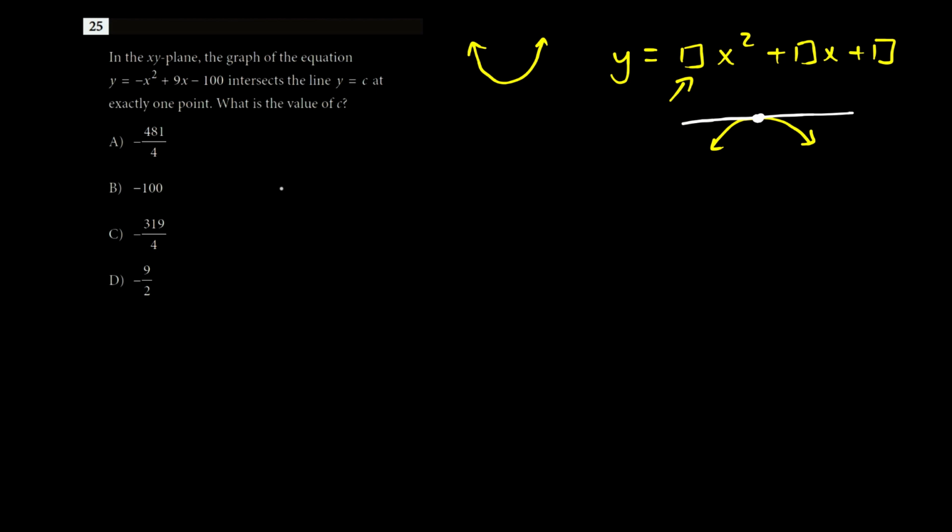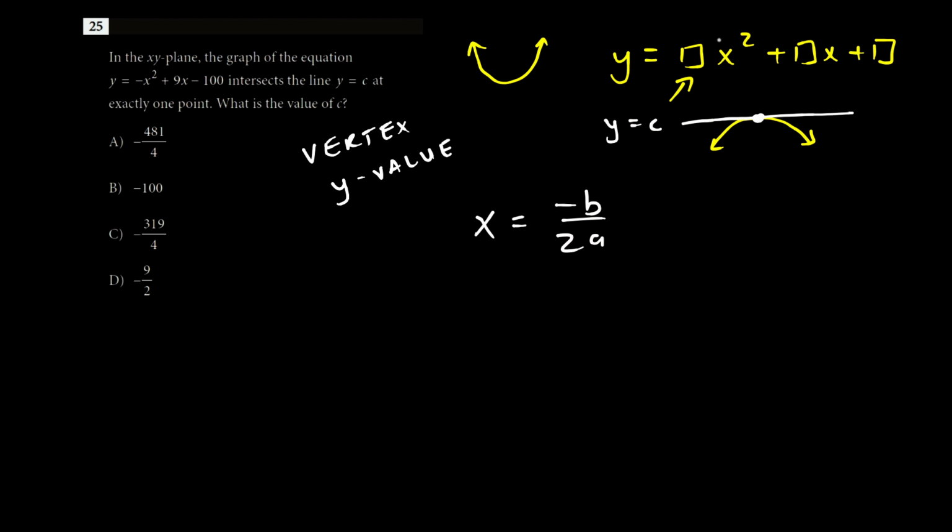So really what they're asking for is the value of the vertex, and if it's at y equals c, they're looking at the y value. So we want the y value of the vertex. So there are calculator programs that'll find that for you, but if we do it the traditional way, if something is in standard form, the x value of the vertex is always negative b divided by 2a.